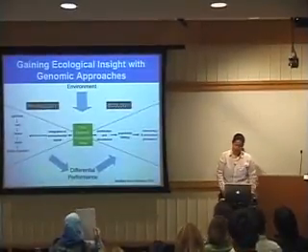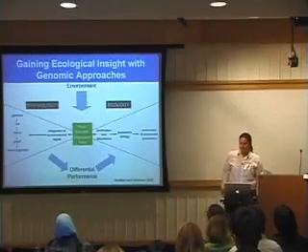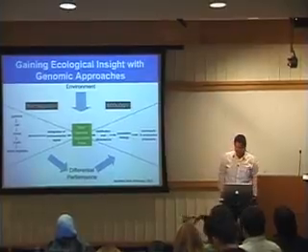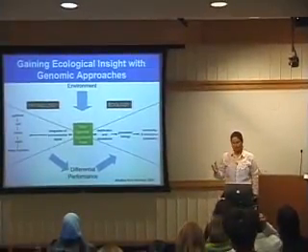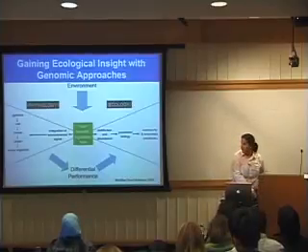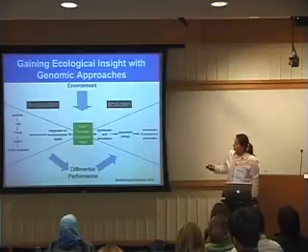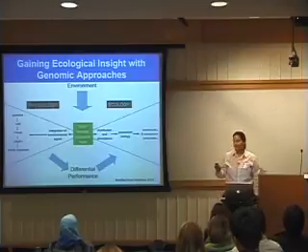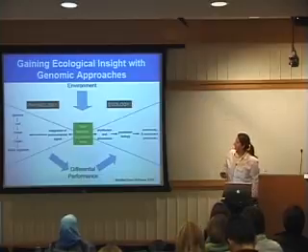And so just for a little bit of context, what we're trying to do is gain ecological insight using genomic approaches. In general, animals are faced with some sort of challenge in their environment. The way that they integrate these environmental signals is transduced through their genome to the whole animal, and then the whole animal responds in some way and performs a response to this environmental signal.